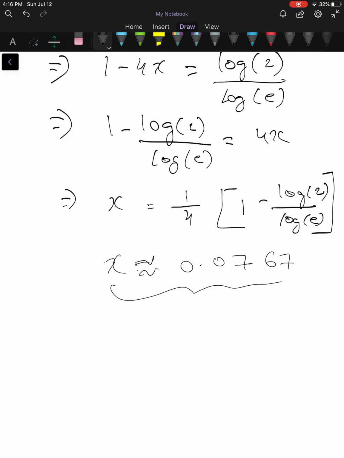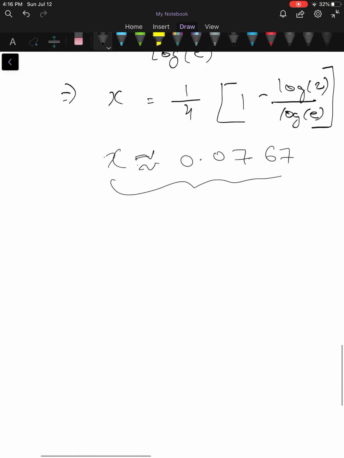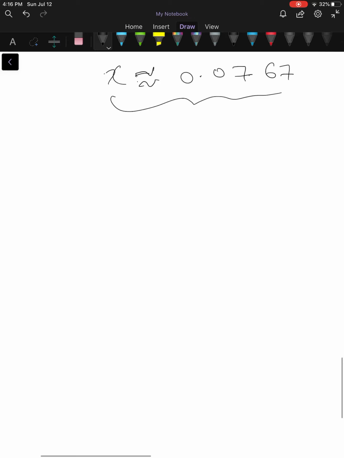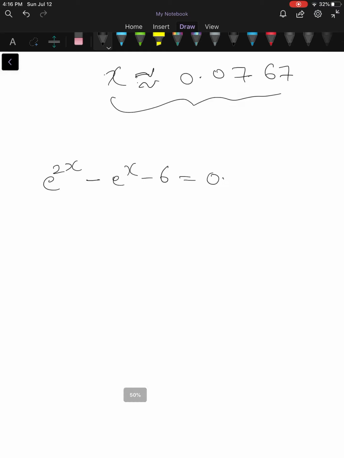So moving further, if the exponential equations are of the form of a quadratic equation, what can we do? Let us see that. An exponential equation of quadratic type. If we have an equation of this format, that is e to the power of 2x minus e to the power of x minus 6 is equal to 0, again follow the 3-step guidelines. What we can do here is bring all the exponential terms on one side.